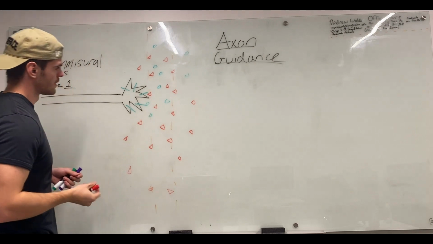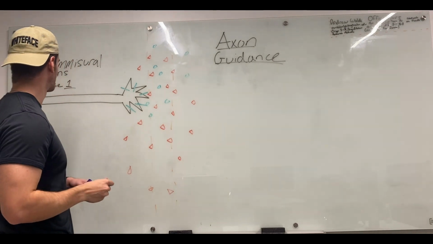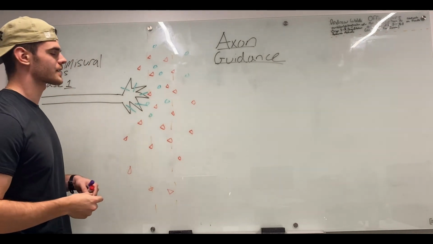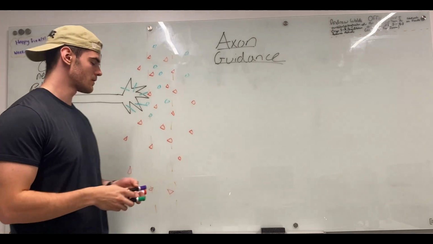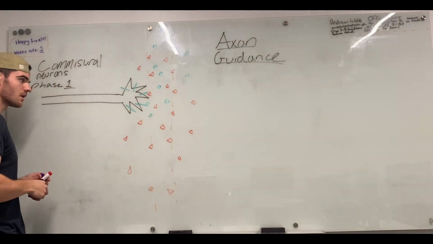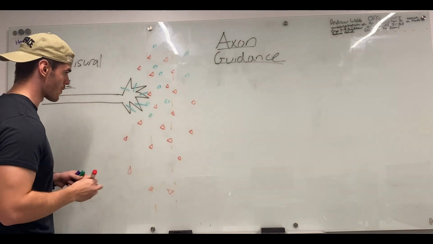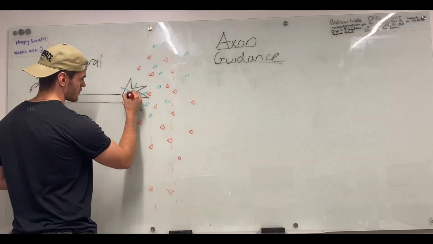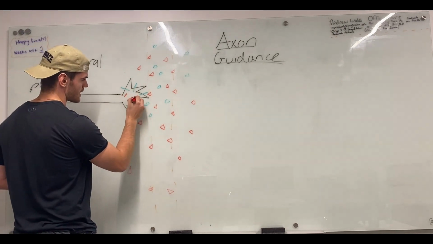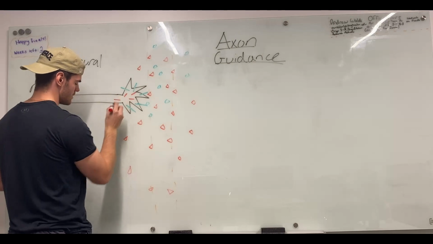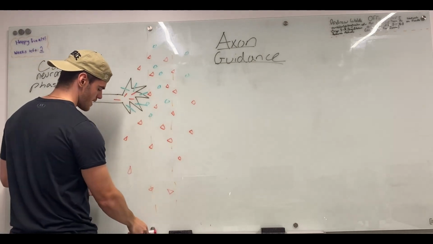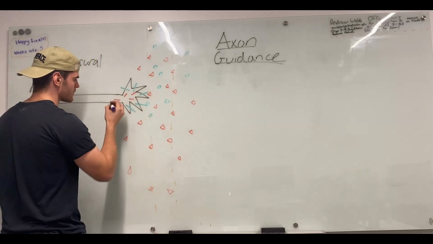But during phase 1, the axon does not care about SLIT because robo is inside the axon, held by com.